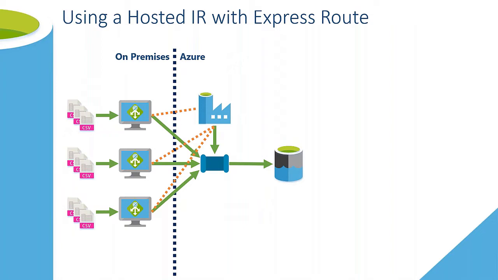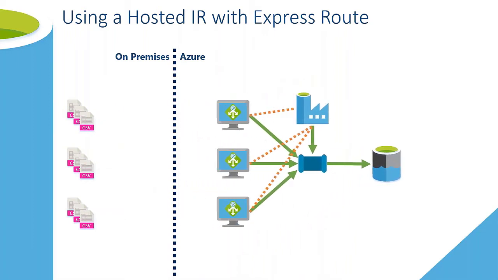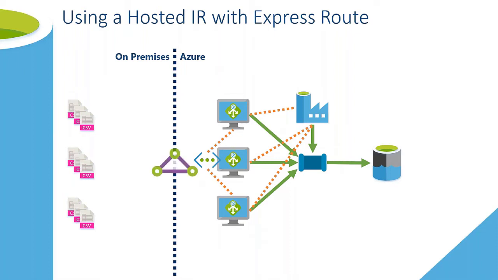And lastly, what I want to tell you about is if you are using Azure Express Route, if you have that dedicated private connection between your local data center and Azure, and you want to use the hosted IR, what you actually need to do, which probably seems a little counterintuitive, is put those machines on the Azure side of your network boundary. Then they can be connected to your Azure VNet, which will have access to that Express Route, that private connection.